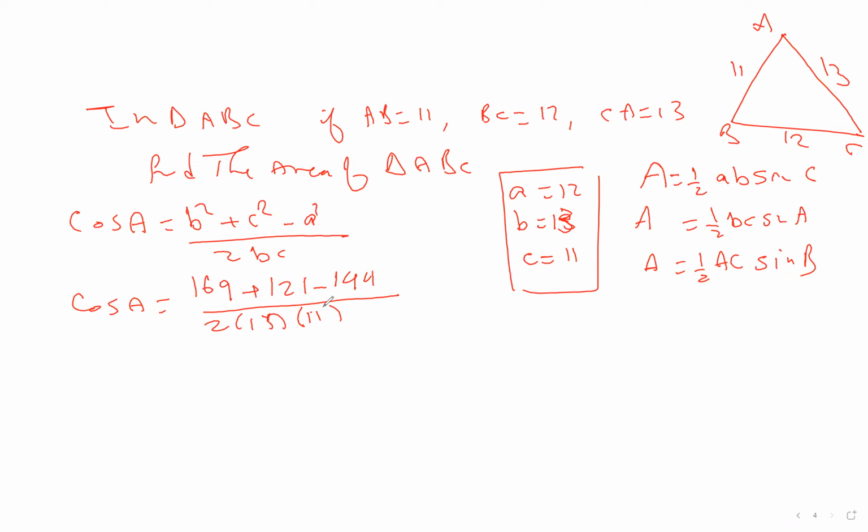I'll calculate it now. 169 plus 121 minus 144 divided by 2 times 13 times 11, which is 286, equals 141 over 286. This value is the cosine of the angle, not the angle. The angle is the inverse of cosine of this one, which is shift cosine.